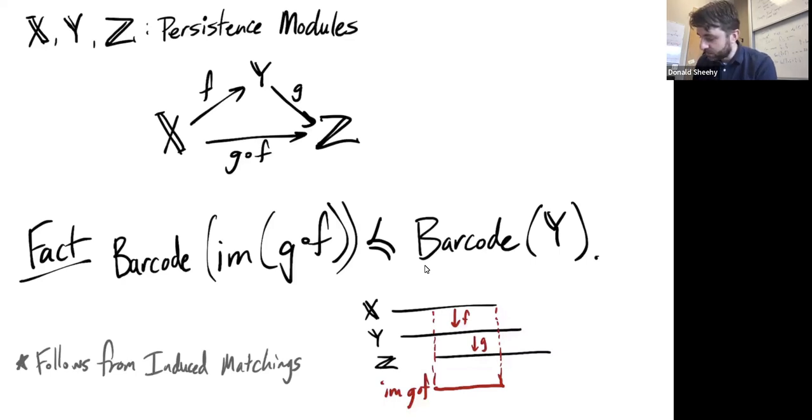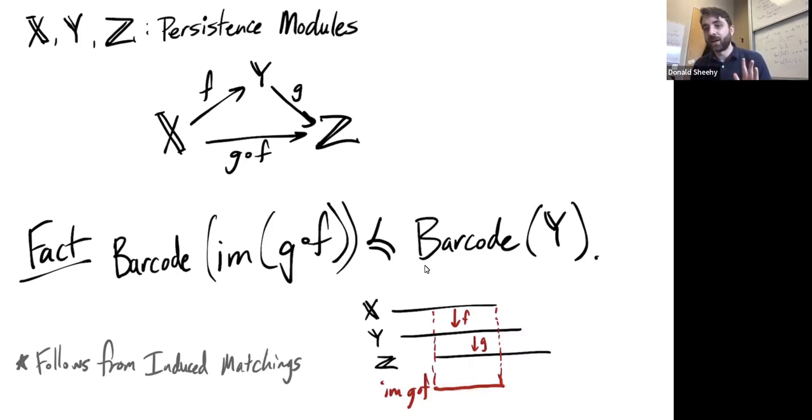This picture shows 3 barcodes, each with only one bar, corresponding to 3 different persistence modules. When you take the image of a homomorphism, there is some matching of the bars such that the barcode of the image matches up the bars and you get the intersections of the 2 bars. So the map from X to Z, if it matches them right, will be this intersection of the bar in X and the bar in Z.